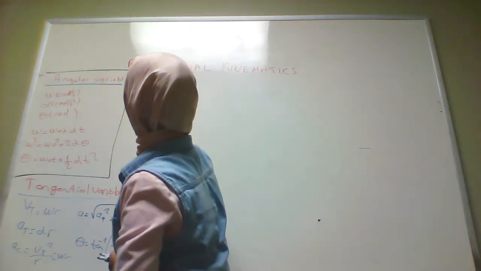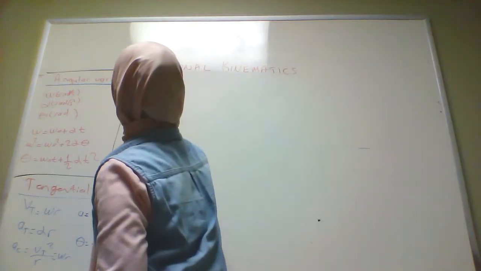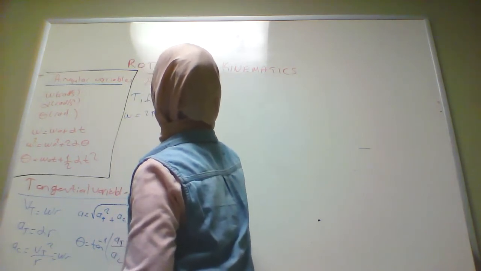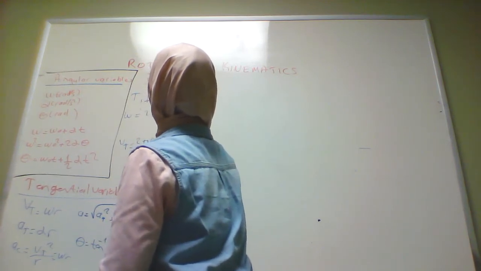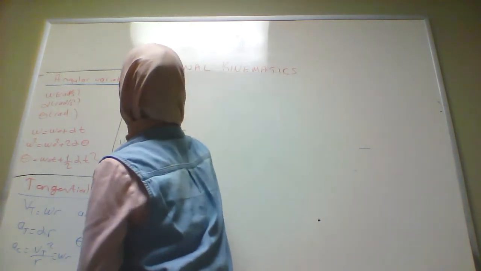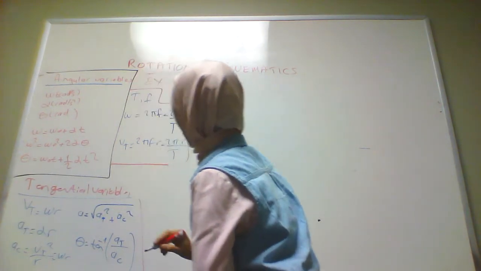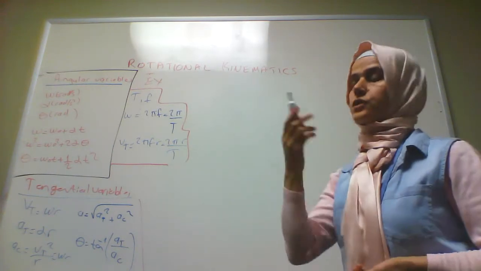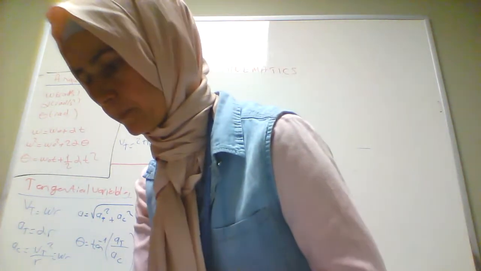If we know the period and frequency, if there's a motion that has a certain period and frequency, we can again calculate omega, angular velocity, is equal to 2 pi f or 2 pi over T. This still holds. And V tangential will be 2 pi f R or 2 pi R over T, coming from omega R. Let me leave this here for a while as well. I don't think we'll be using them in today's questions, but they're all usable if there's a non-uniform circular motion that has a certain period and frequency, which is quite possible to happen in life.